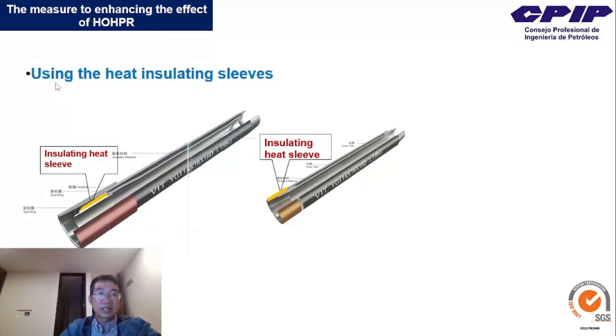To decrease the heat losses, the temperature losses, we can use the heat isolating sleeves. This tool is the isolating sleeve, and this sleeve can protect the tubing and can reduce the temperature loss, and will make a better result.